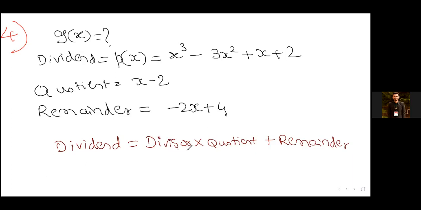Here they are asking us to find the divisor g of x. Just rearrange these terms.